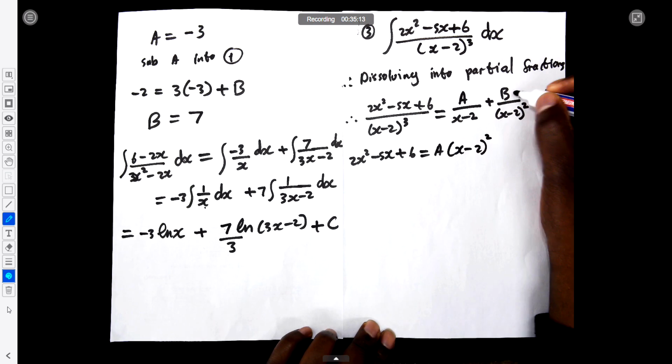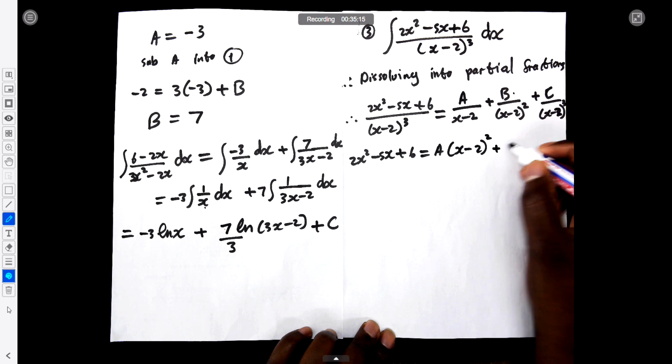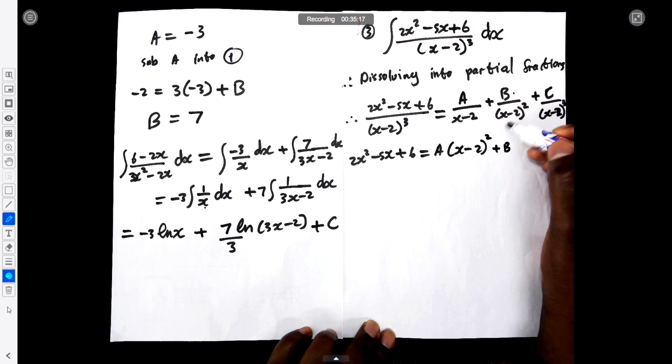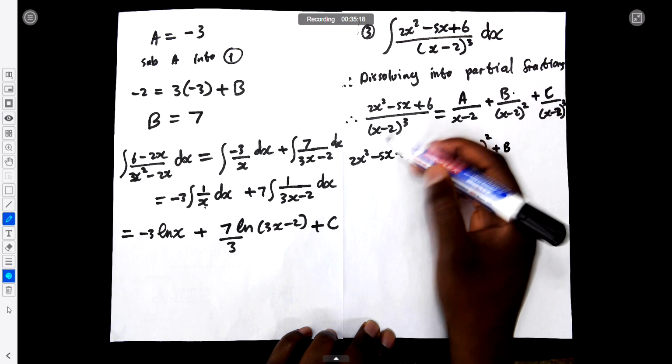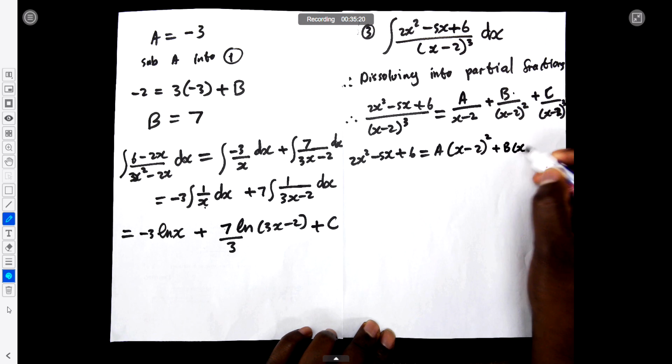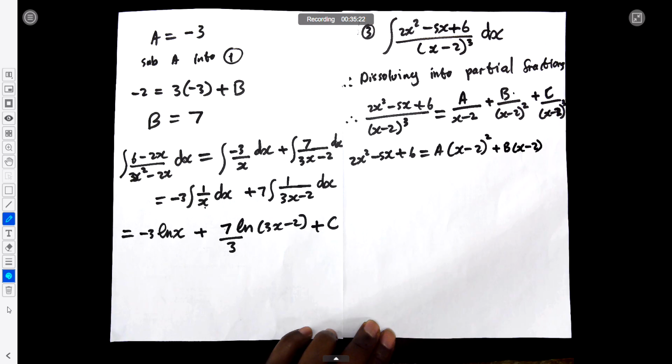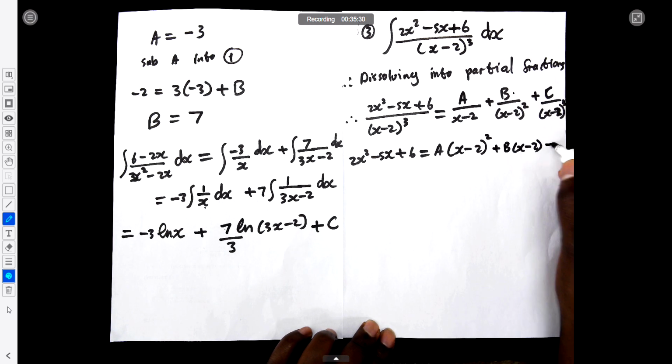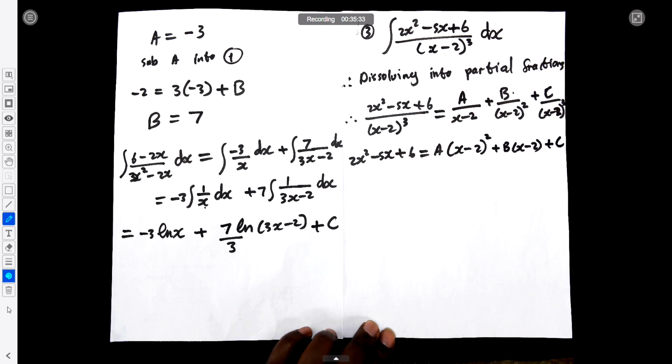And when we multiply here, we'll have plus B into, if it's to the power of 2, it will be dividing to the power of 3, so we're left with (x minus 2). The third term, when we multiply by the third bracket, there's a third bracket, so the third bracket divides the third bracket and you're left with plus C.